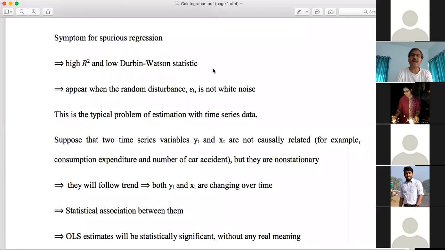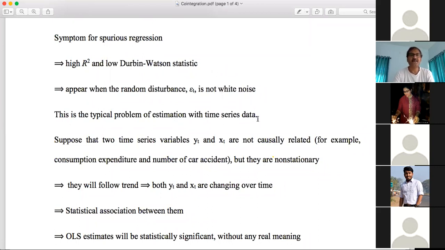For example, if you have car accidents as a regressor and consumption expenditure as the regressand, you will get a highly significant value of beta hat. So this kind of problem may appear in the case of time series data.